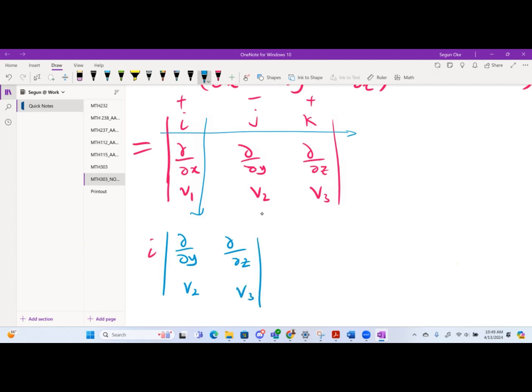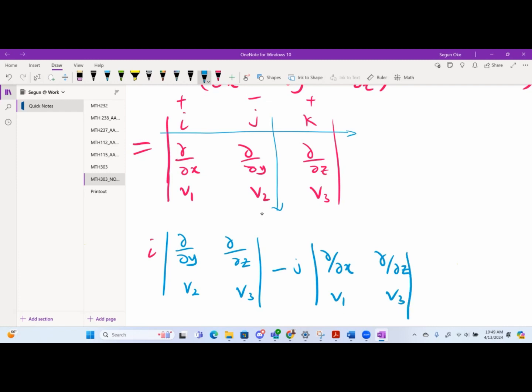Remember, negative is in column 2. Let's go to column 2 again. Row 1 will still be eliminated, column 2 as well. We have minus j. Then what remains? del dx, v1, del dz, v3.